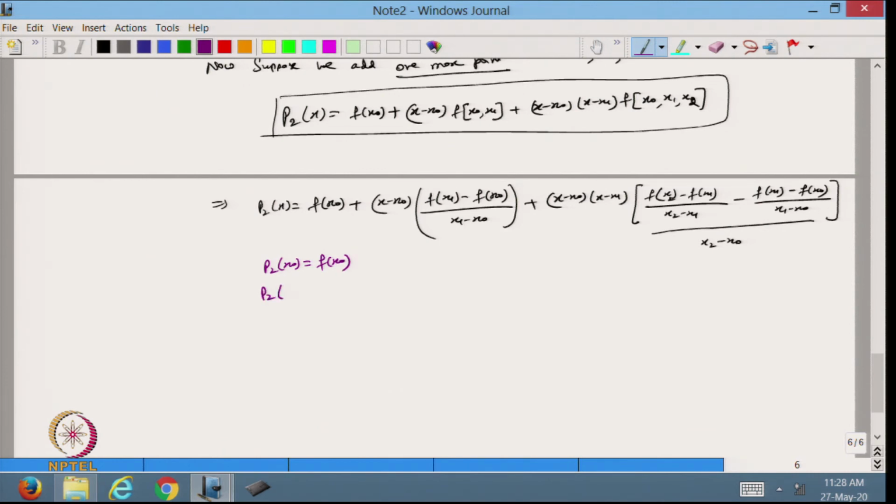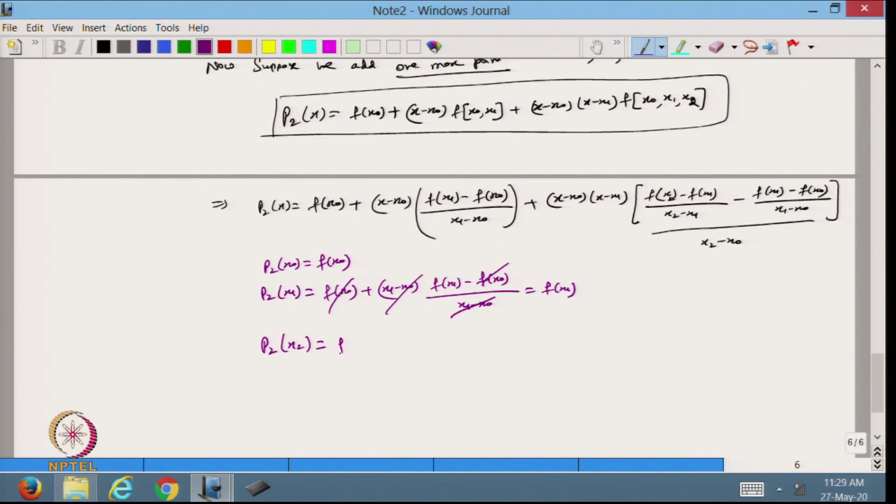Now, p2 at x1, this will be f at x0 plus, since x is x1 here, all the last terms will be 0, and this will be (x1 minus x0) times (f(x1) minus f(x0)) divided by (x1 minus x0). So, this will cancel out, and this will be equal to f(x1). Similarly, I can write p2(x2).